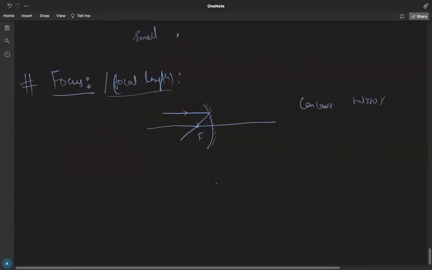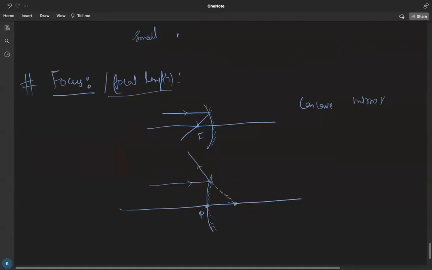In this case, look here, this is our convex mirror, and this is our pole, and this is the ray of light moving parallel to the principal axis, and after reflection it appears to cut, so this is virtual, right?